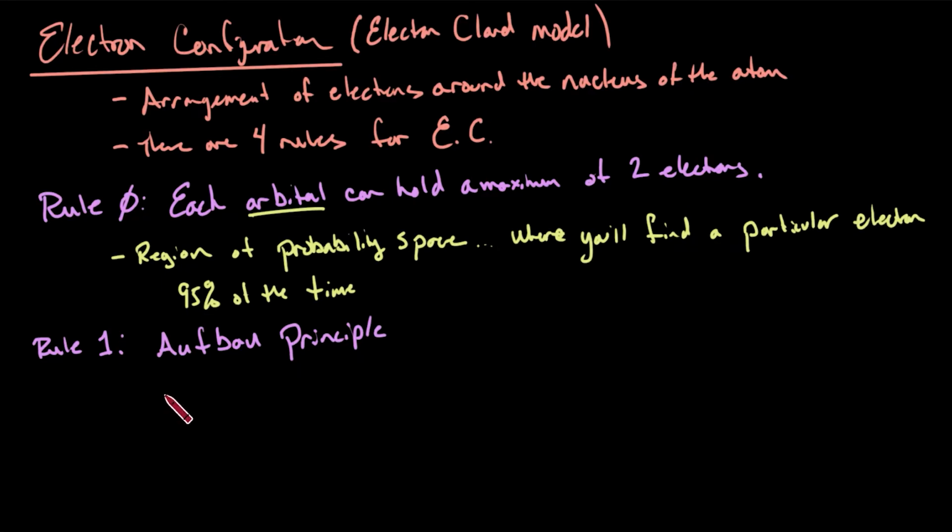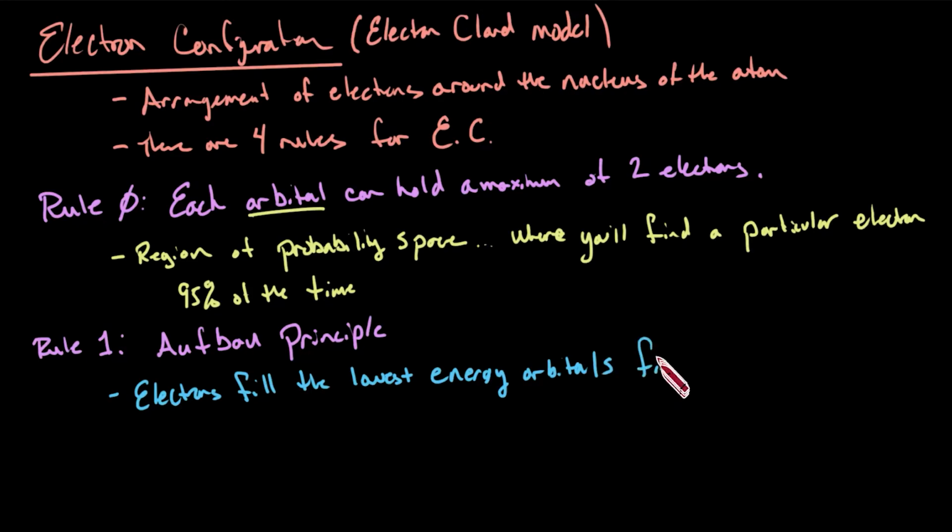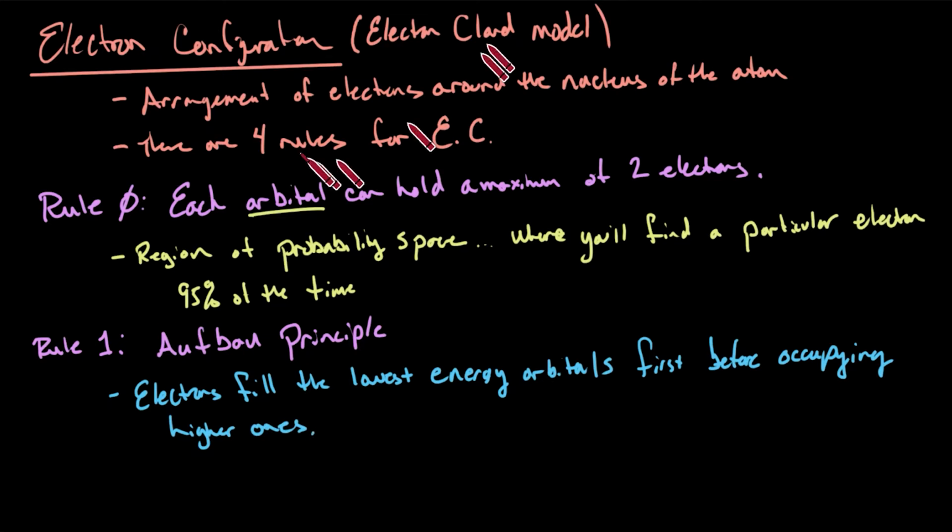Okay, and the definition of this is that electrons fill the lowest energy orbitals first before occupying higher ones. Electrons fill the lowest energy orbitals first before occupying higher ones.